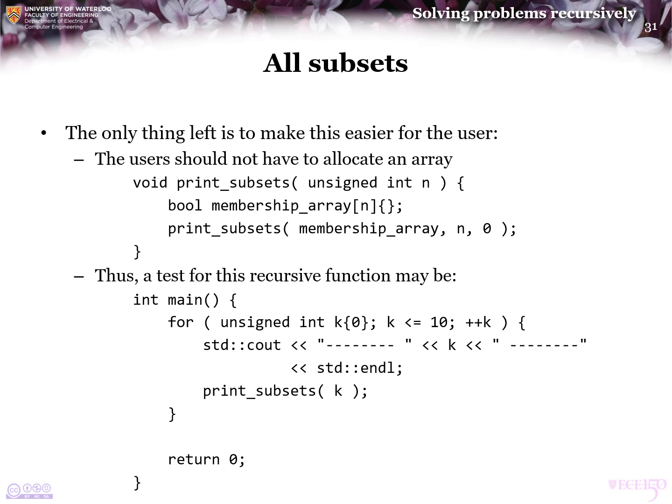Now notice that there is indeed one subset of nothing, and that is nothing. So this should print 1 for k equaling 0, 2 subsets for k is equal to 1, and so on and so forth. And this does.